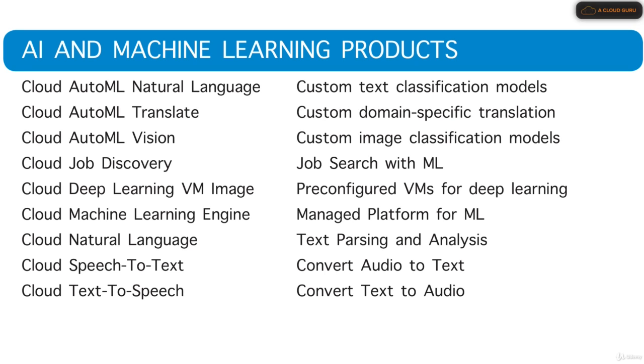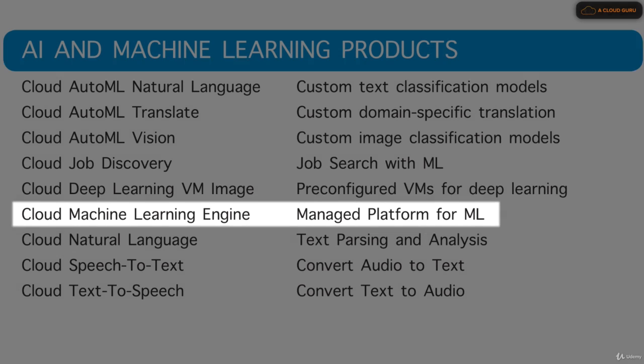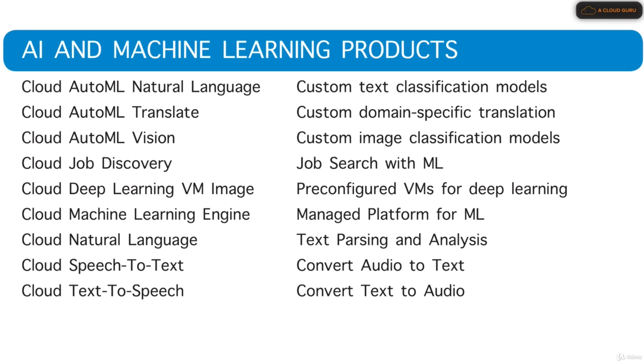But there's a lot more breadth to the AI and machine learning products. In fact, there's quite a spectrum, where at one end you have the completely automatic, pre-trained machine learning model stuff, like we've just talked about. At the complete opposite end, we have Cloud Machine Learning Engine, which is a managed platform for machine learning, where it will run TensorFlow for you.